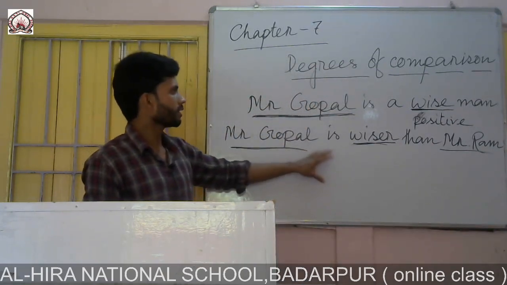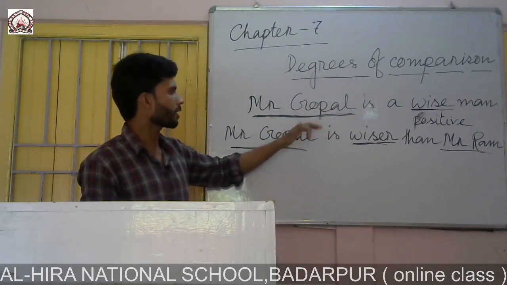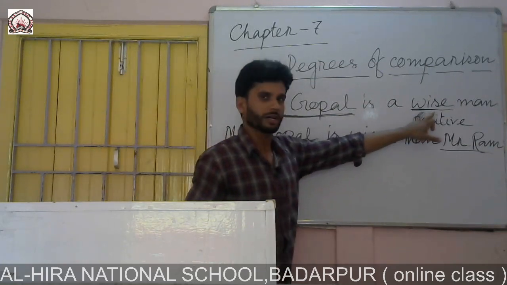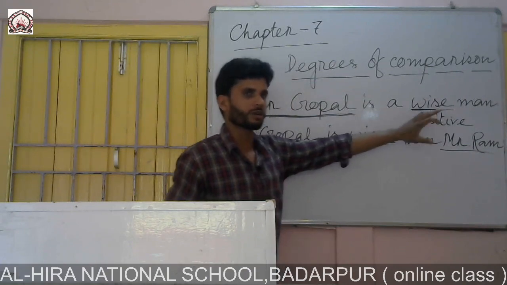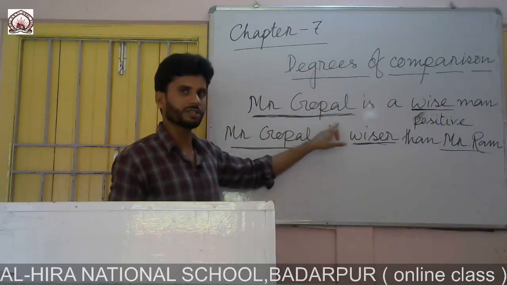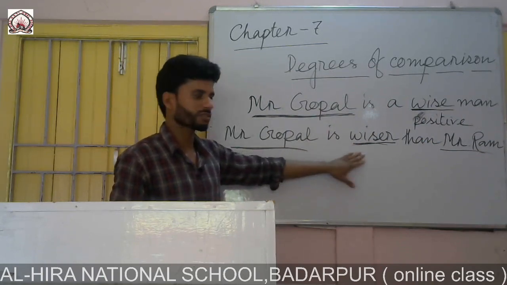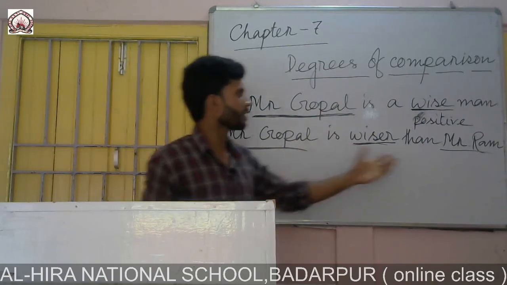So here in this sentence, in the earlier case, it was only Mr. Gopal, and the adjective wise described only this noun. But in this case, wiser is describing Mr. Gopal as well as Mr. Ram.